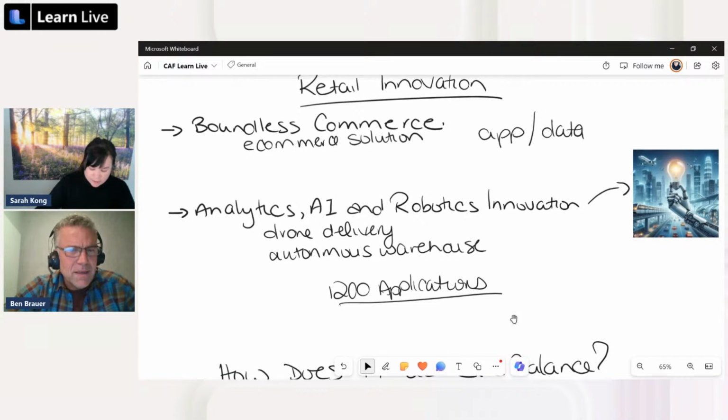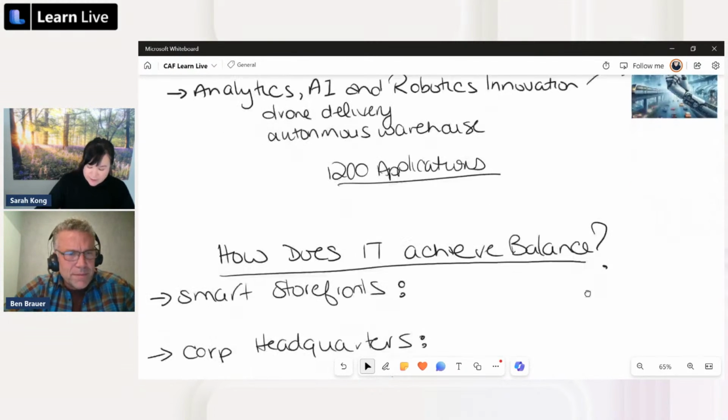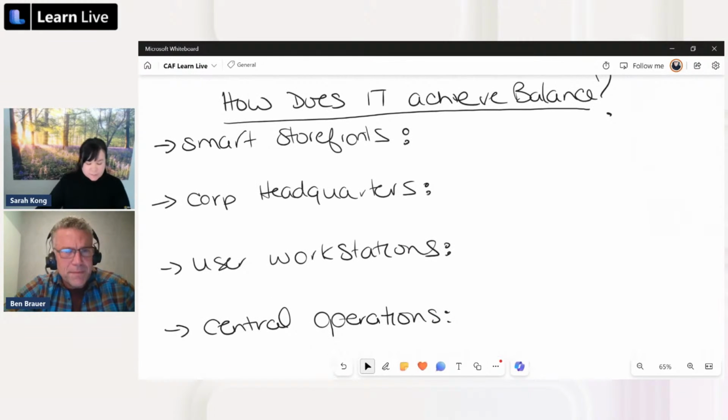No, I was just agreeing, the 1,200 applications, and like you said, which ones do they put in the cloud? That's their struggle, the modernization and migration of it all. Some of the applications they're going to want to keep on-prem for a while, but at some point they have to come up with a list of applications they want to migrate. So what does that list look like, and how do they achieve that balance?